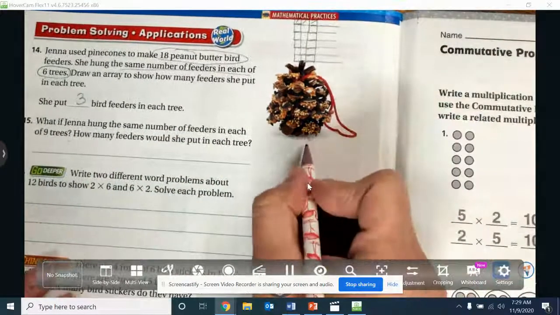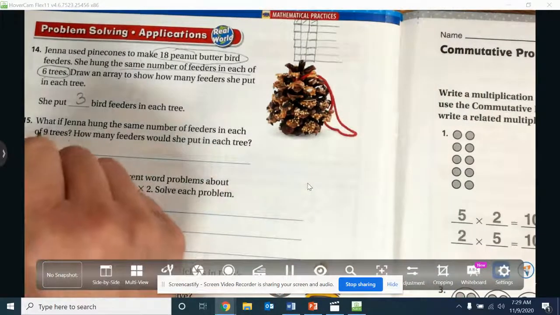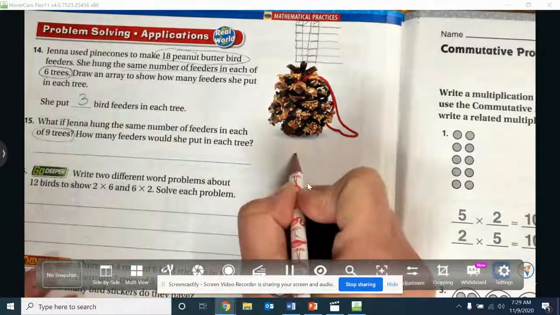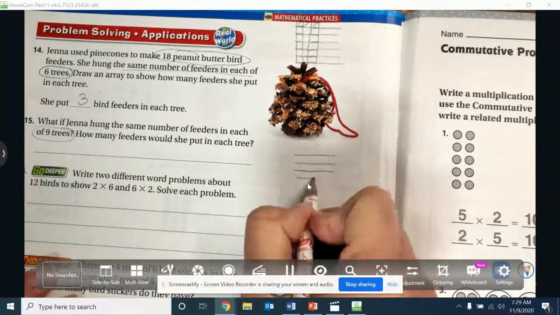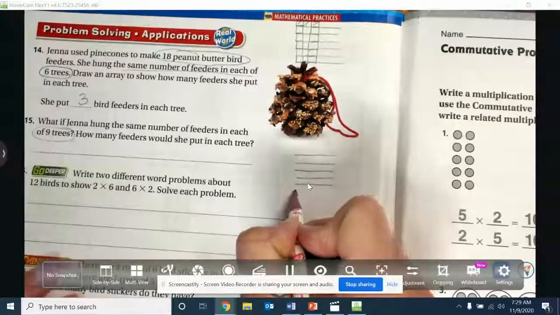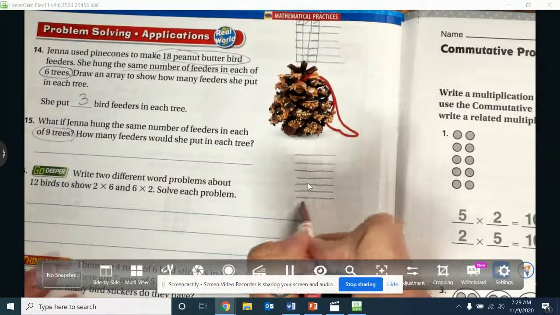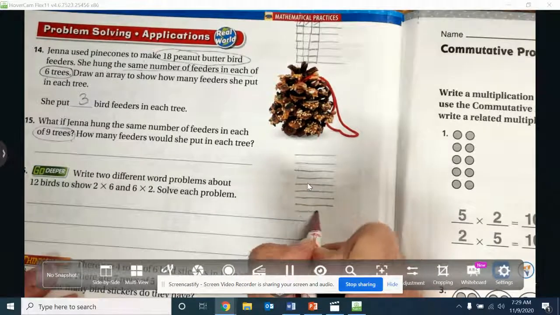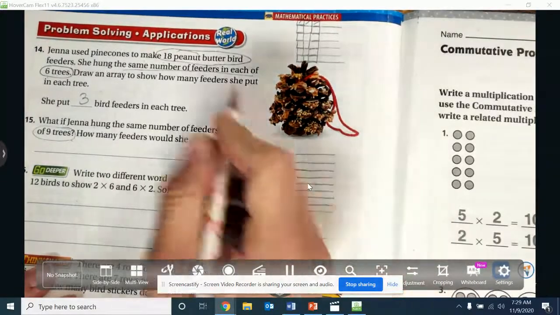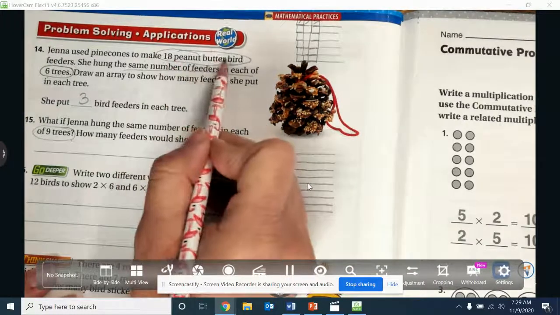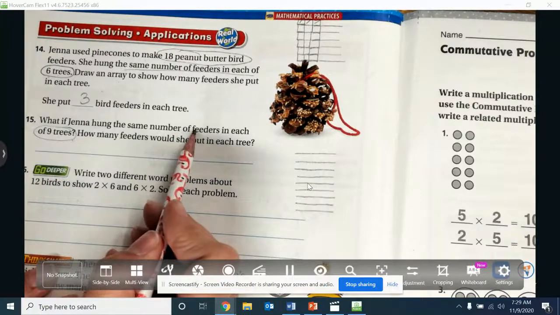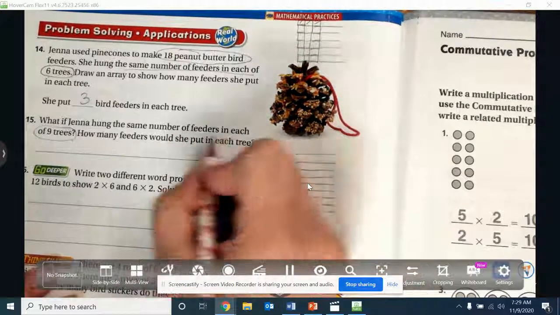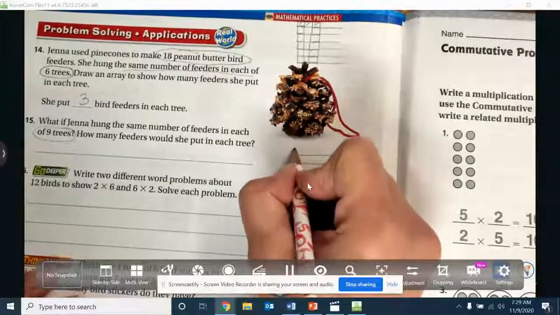So let's draw our 9 rows for the 9 trees. 1, 2, 3, 4, 5, 6, 7, 8, 9. Again, she is still making 18 bird feeders because it says she's going to make the same number. How many would be in each tree now? So one at a time until we get to 18.